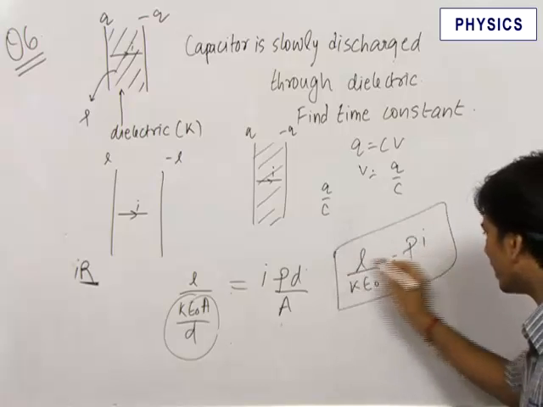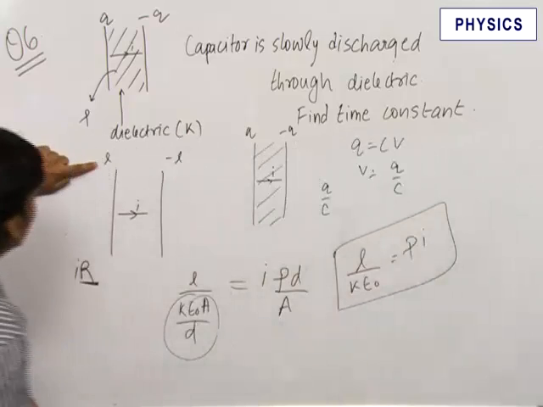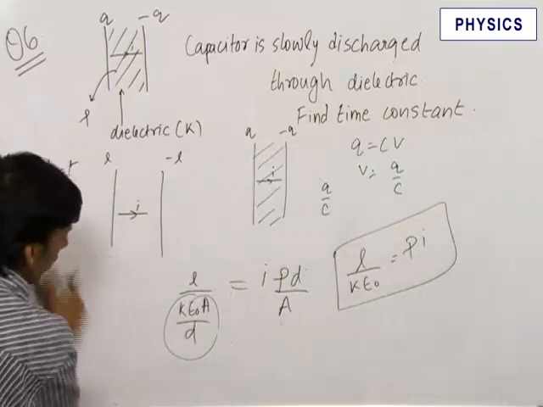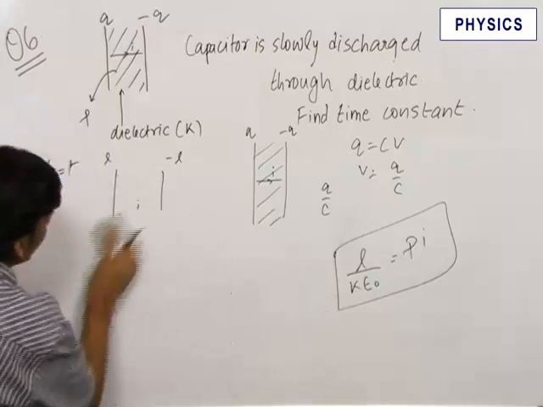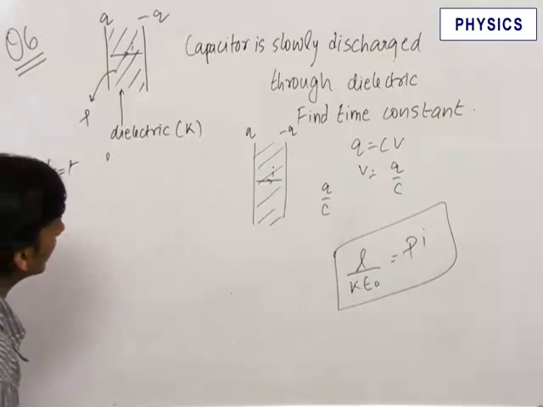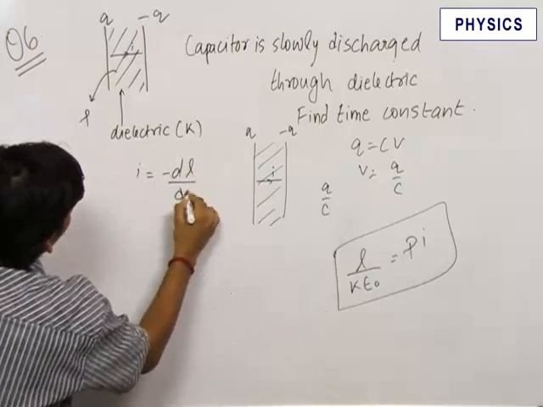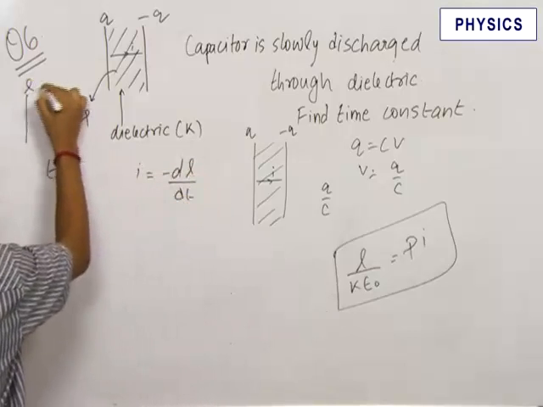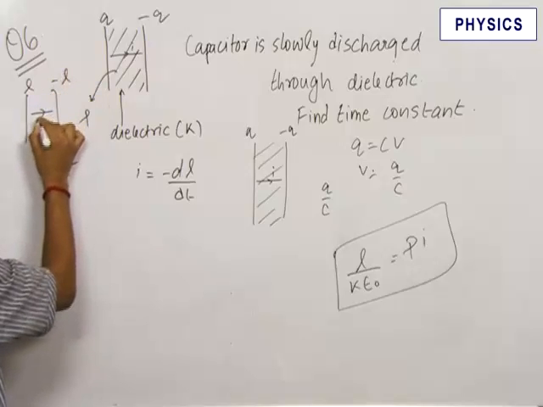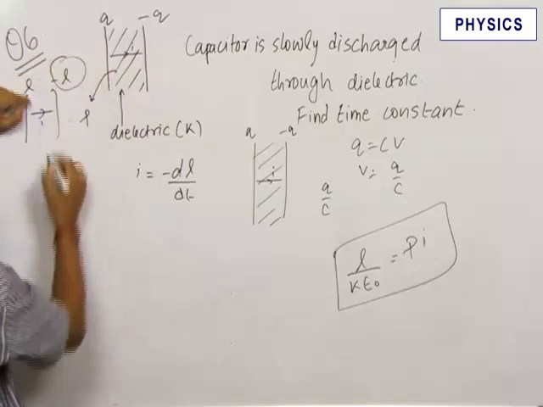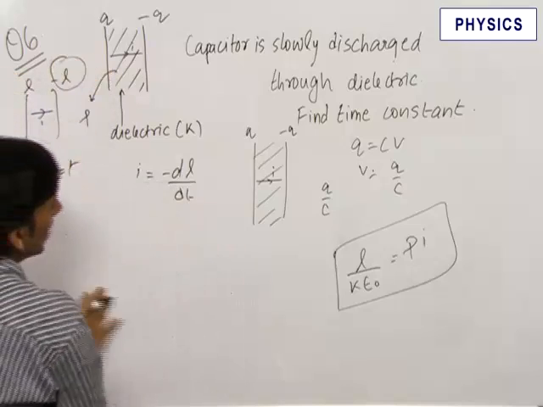Now we have an equation in I and L, where L is the charge on the capacitor after time t. Now what we can write is that I is equal to minus dL upon dt. Since we had a plate of charge L and minus L over here and the current was in this direction, this current is responsible for changing the charge, and therefore we have written I is equal to minus dL upon dt.